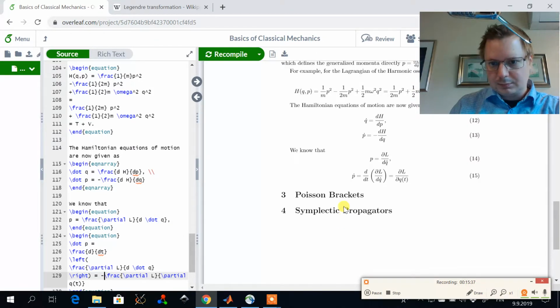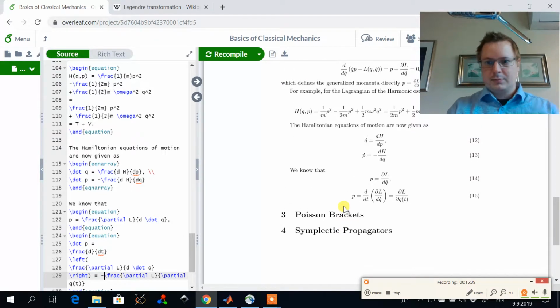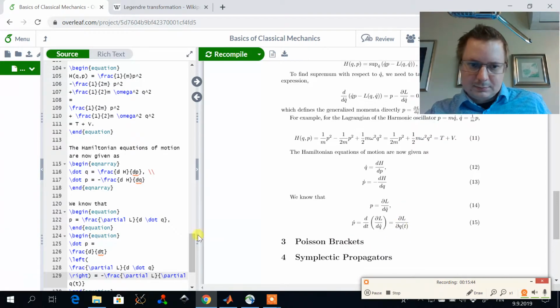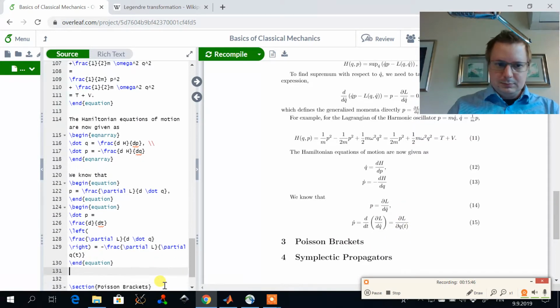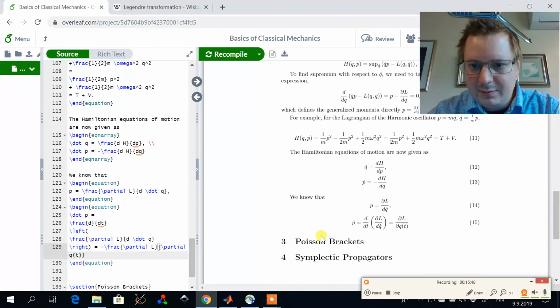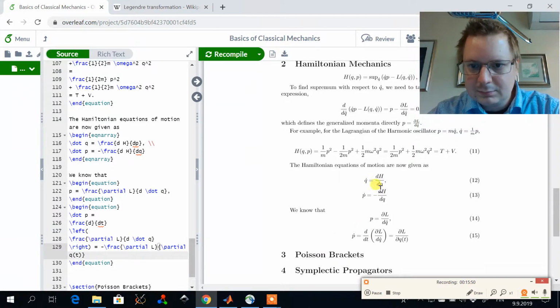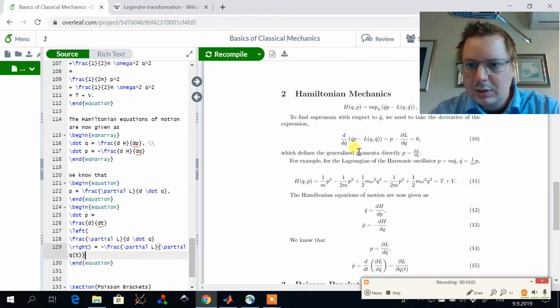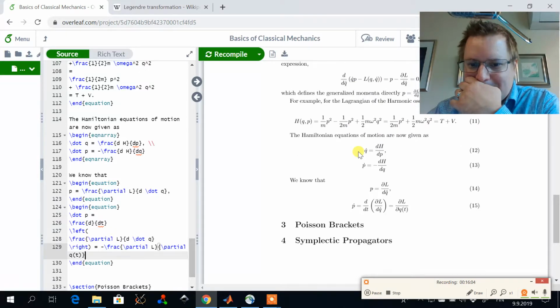And then we have to have the equation for q dot. So how do we get that?